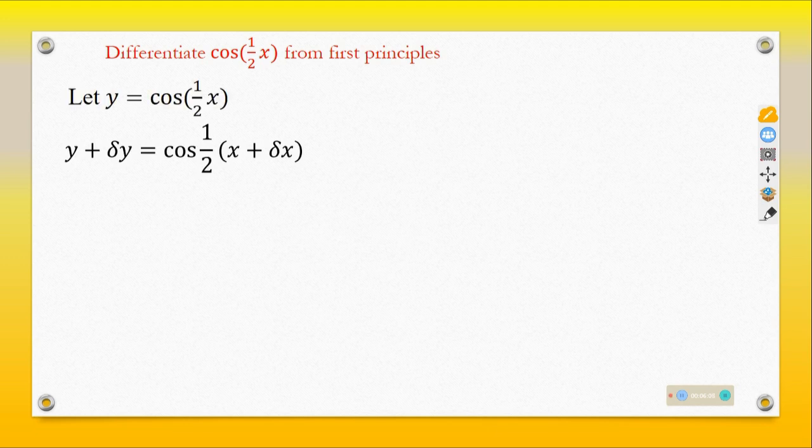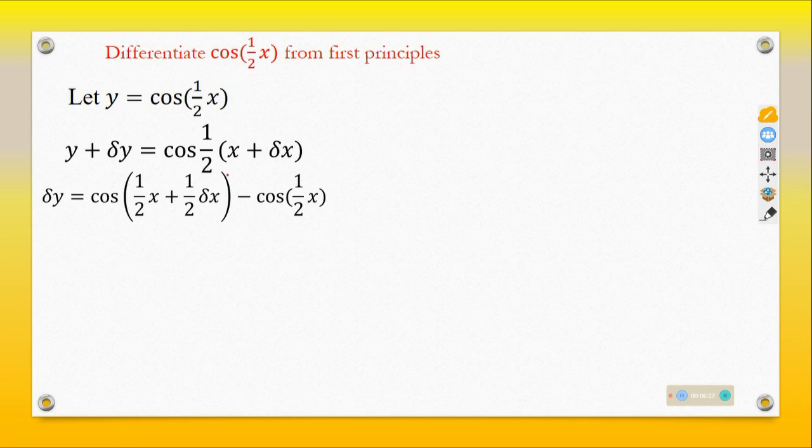We shall first of all let y be cos of a half of x. An increment in x brings about an increment in y. For that case, we shall make delta y the subject by bringing y to the other side. But remember, y is cos of a half of x.